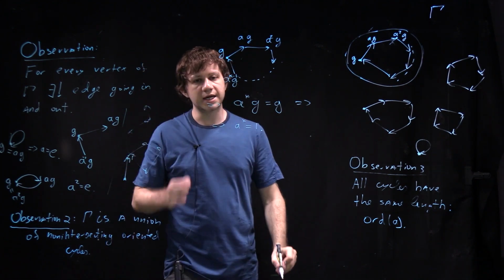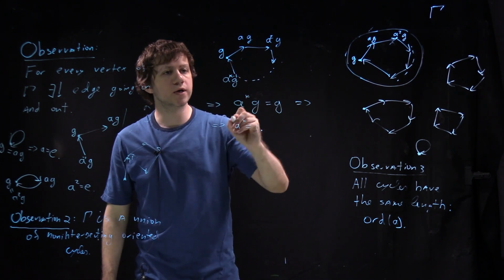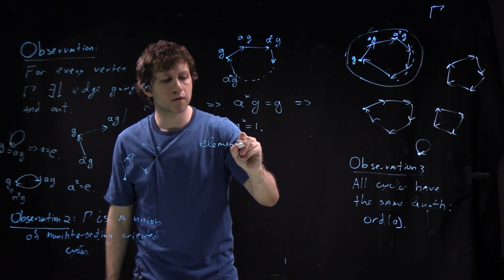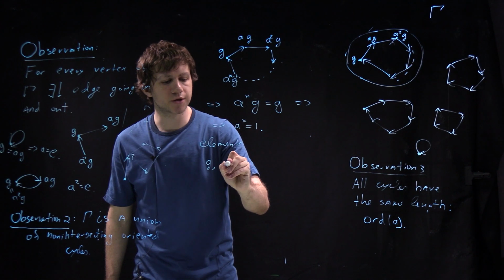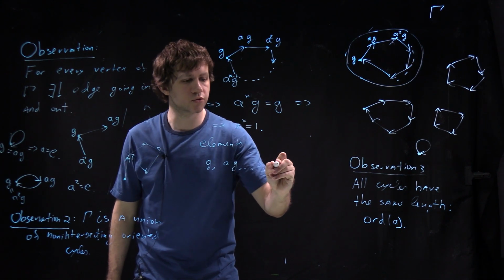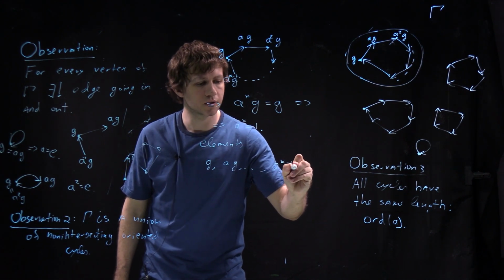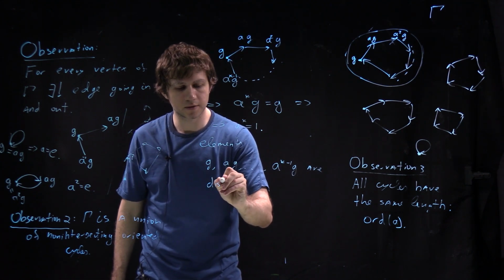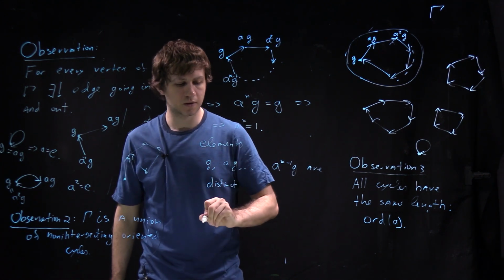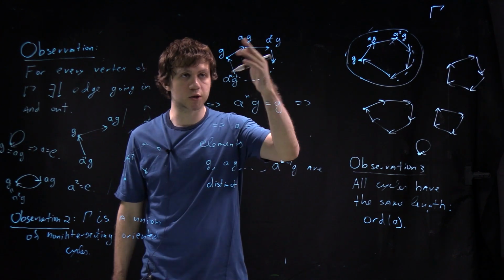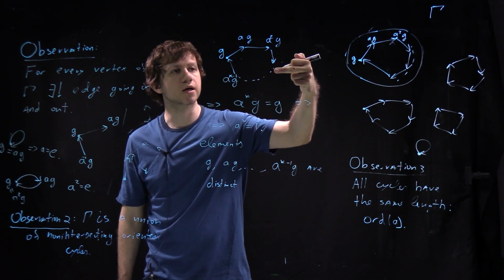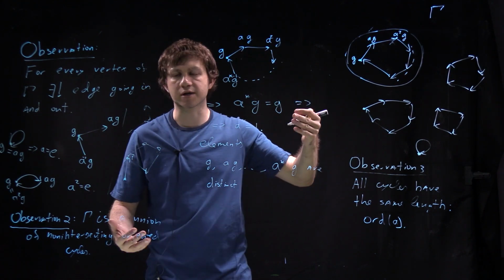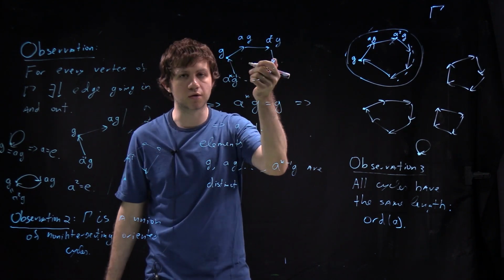Okay, but then we also know that the elements G, AG, and so on up to A power K minus 1 times G are distinct, because otherwise it means that it's not a cycle. So these vertices are distinct by our construction, otherwise we would have hit earlier.